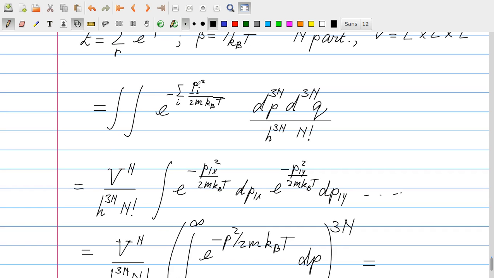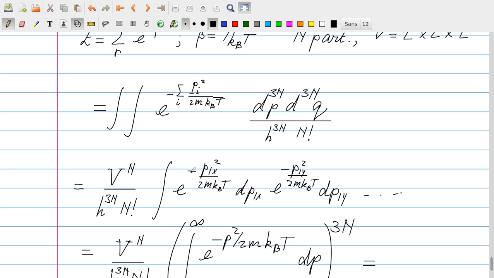And you can see that if you write it out in all the Cartesian coordinates. So this is a sum over each particle, and for each particle we have a sum over its 3 Cartesian components.